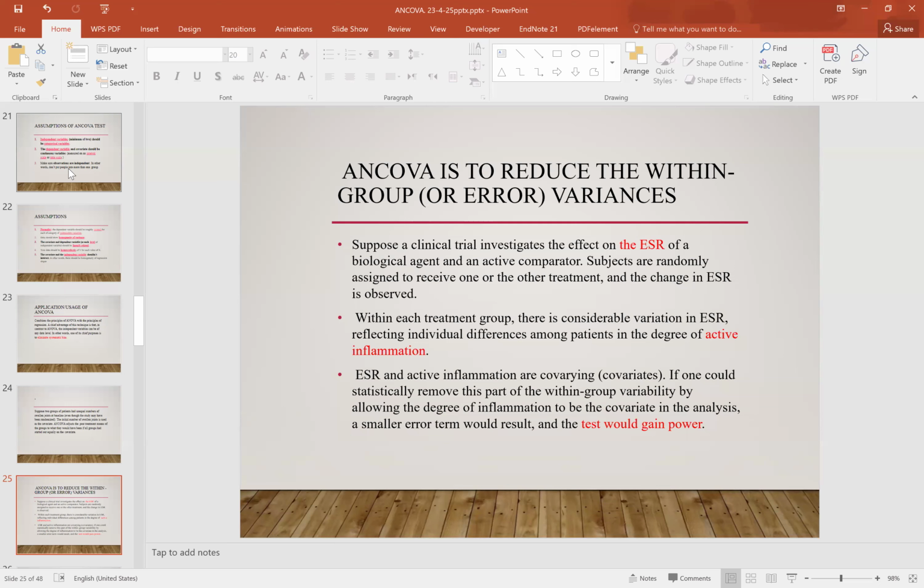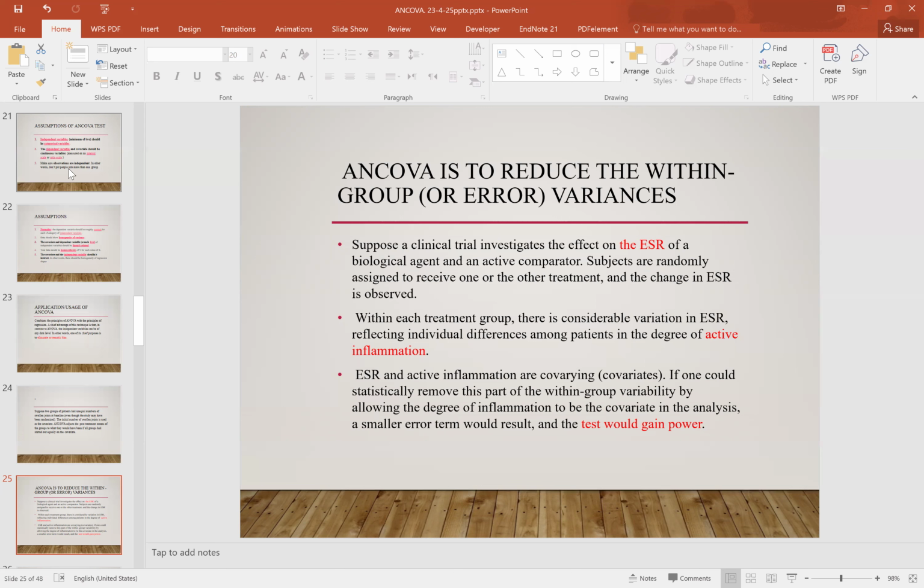Suppose a clinical trial investigates the effect on ESR of a biological agent and an active comparator. Subjects are randomly assigned to receive one of the two treatments and the change in ESR is observed. Within each treatment group, there is considerable variance in ESR, reflecting individual differences among patients in the degree of active inflammation.